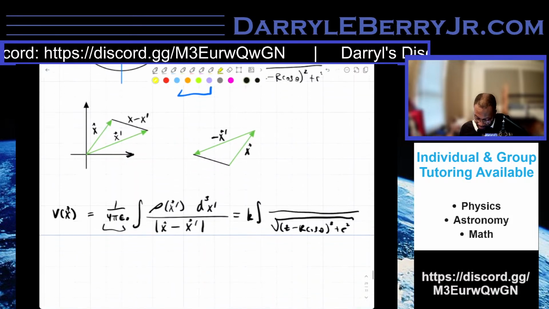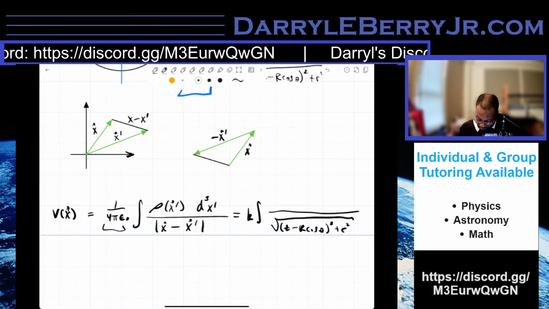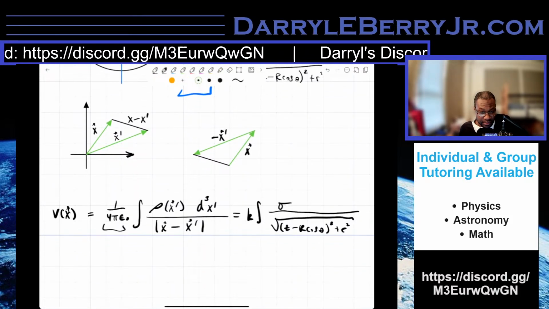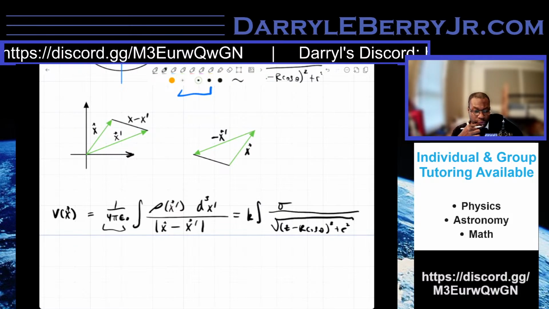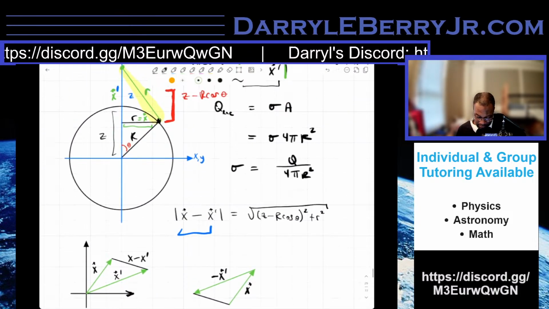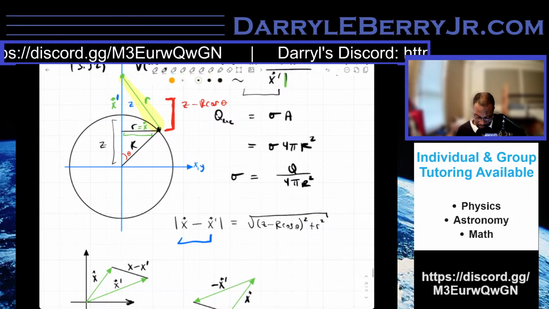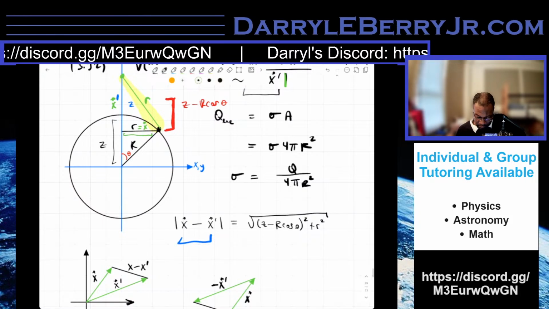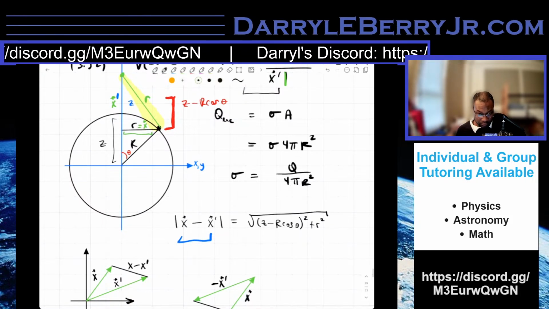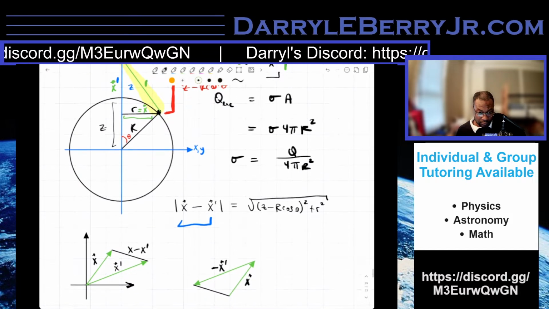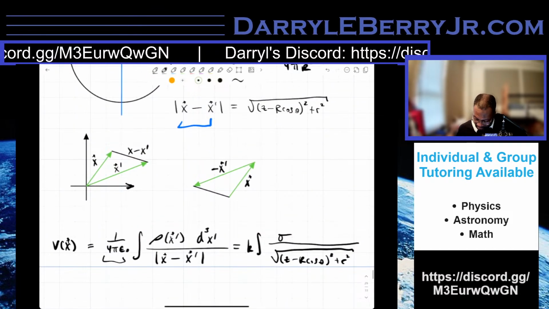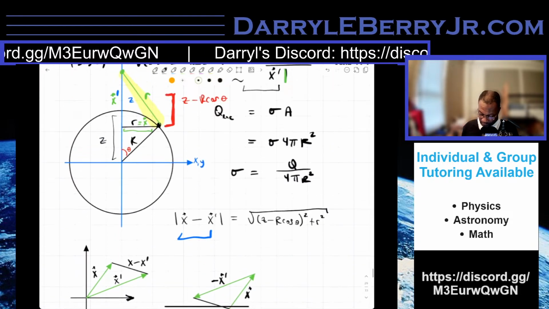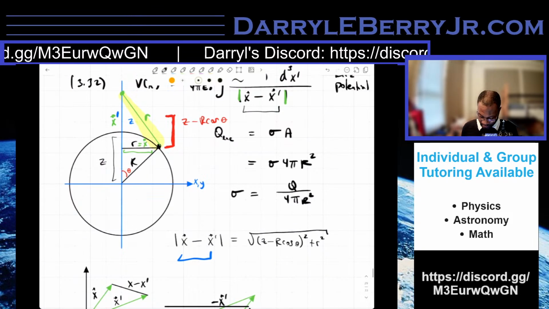We have sigma, put sigma there, and 2 pi r r. Basically we can say that this is dV, the volume.